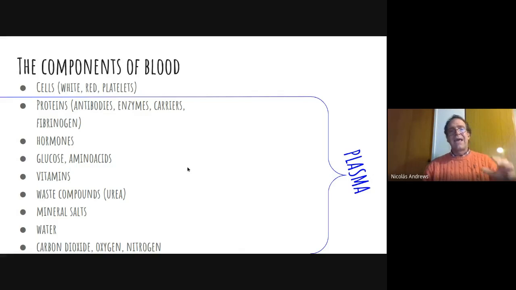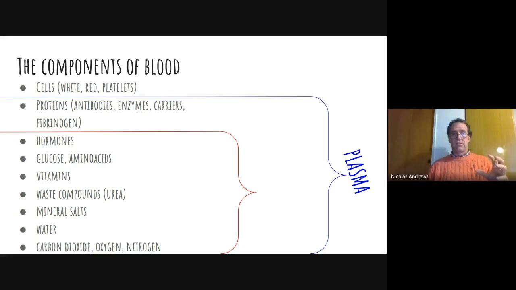Okay, why is this important? This group of substances beyond proteins are the substances that might be able to leave blood. Where through? Through the gaps we talked about before when we were looking at the capillaries, and that is what we will see in a second.